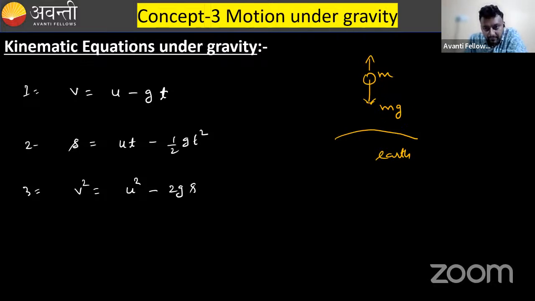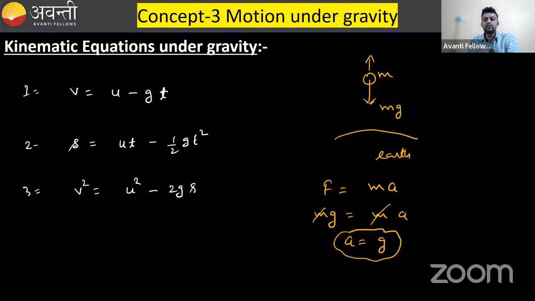From Newton's second law that you studied in class 9th, force equals mass into acceleration. So mg equals mass into acceleration, the masses cancel, and acceleration is g. So whenever the particle is moving in the vertical direction, the acceleration is g, but due to the direction, I have taken it as negative g. I hope it is clear.